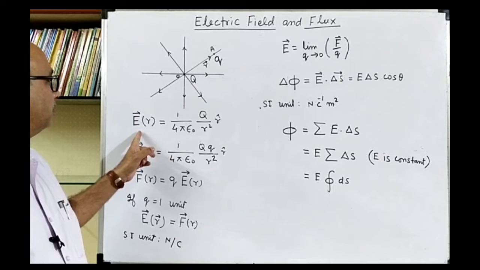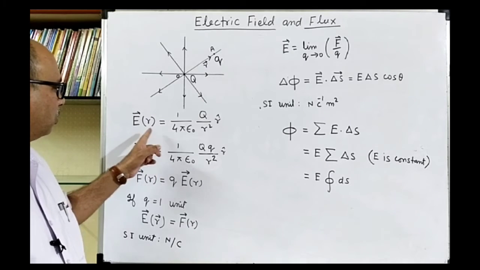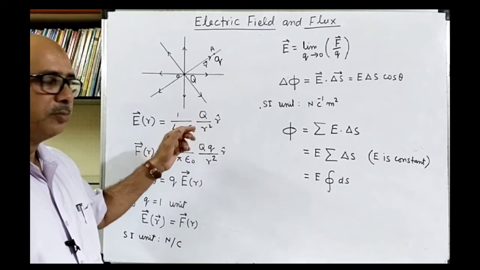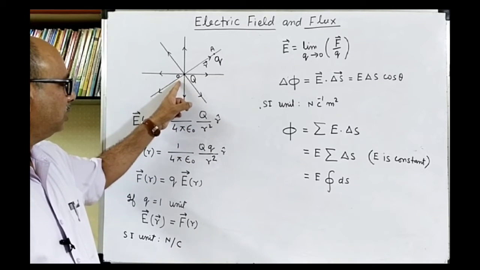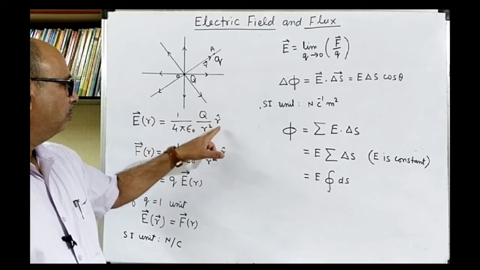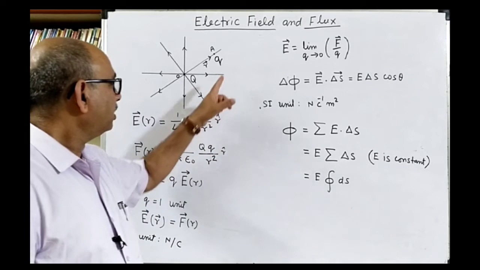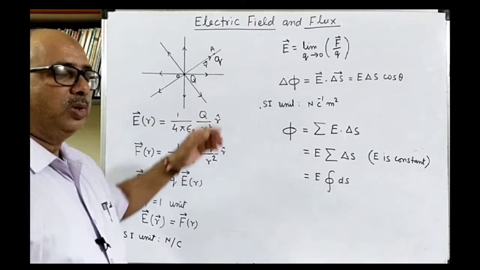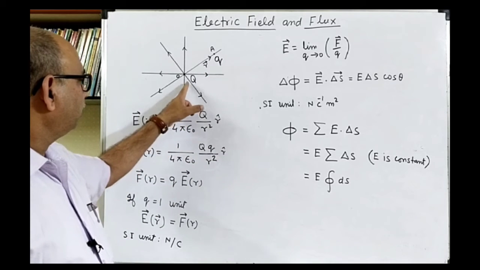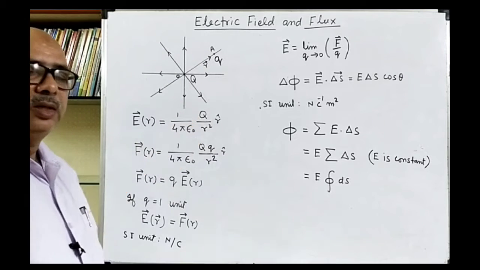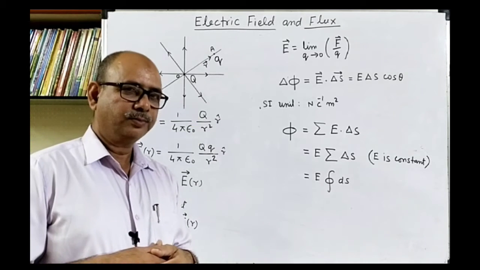It is given by electric field E is equal to 1 upon 4 pi epsilon naught, magnitude of the charge which produces the electric field, divided by r square. Here we should not consider the small q, because this electric field is produced by the charge placed at origin. That's why we have taken here capital Q.